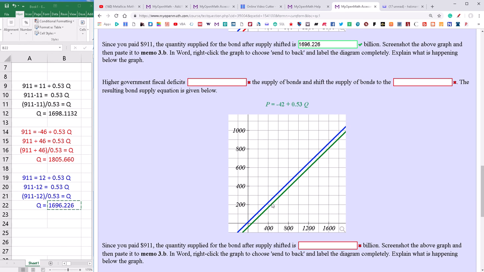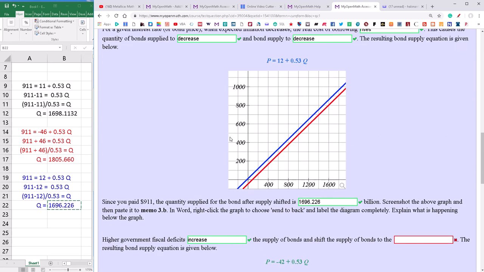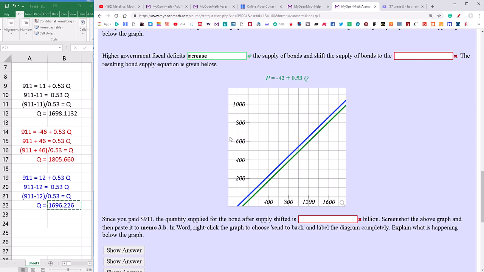Okay, what about this scenario here? Higher government fiscal deficits do what? Well, if the government is running huge fiscal deficits, then it's got to increase the number of bonds it auctions. So it's going to increase the supply of bonds. It's going to flood the bond market with more bonds and shift the supply of bonds to the right.